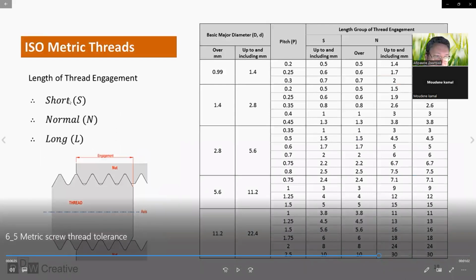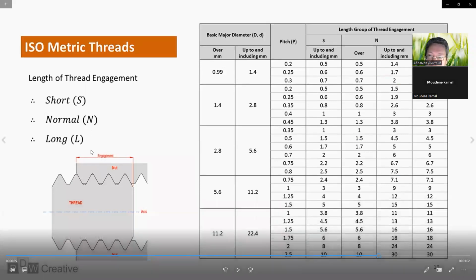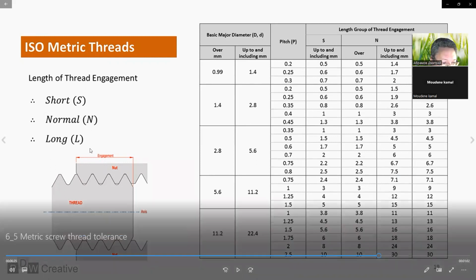Please write down that S is short, N is normal, and L is long length of the thread engagement. You can see the length of the thread engagement in this picture. It's the length of engagement.